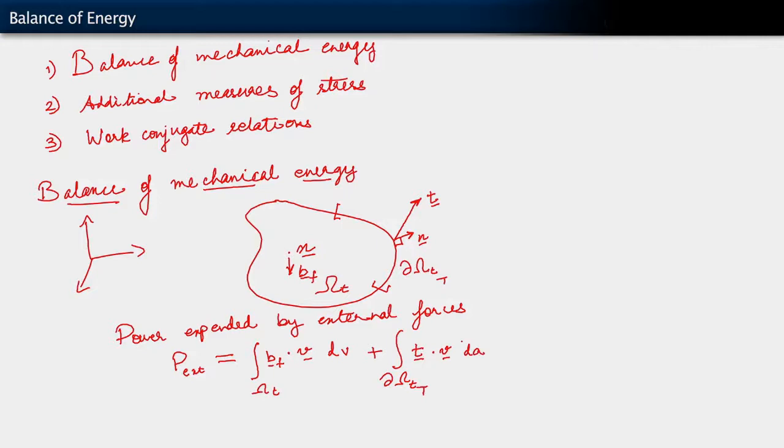Now let's write out what we get from here by applying once again our Gauss divergence theorem. What we do first is recall that T equals sigma n, and this is the Cauchy theorem.